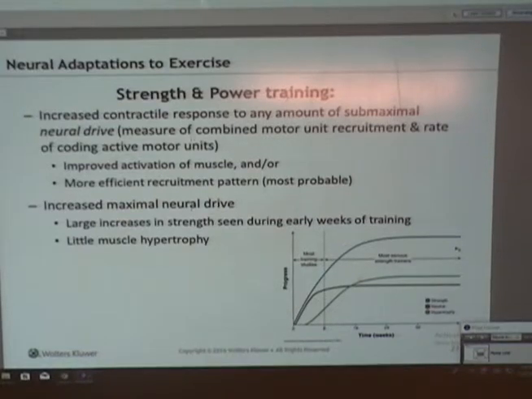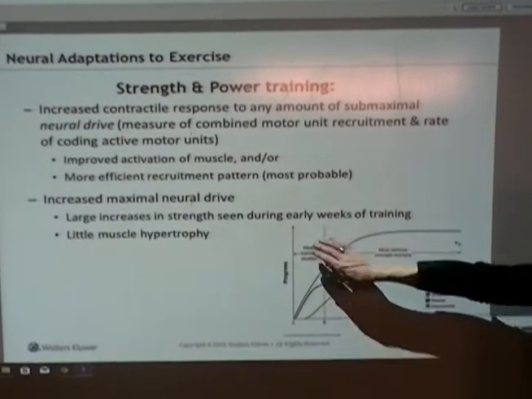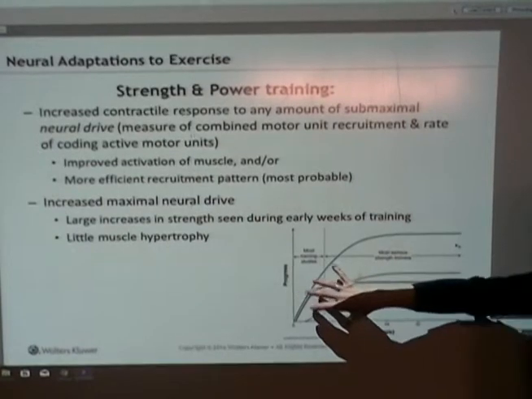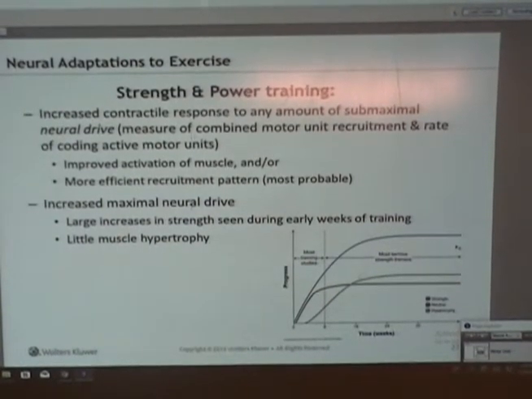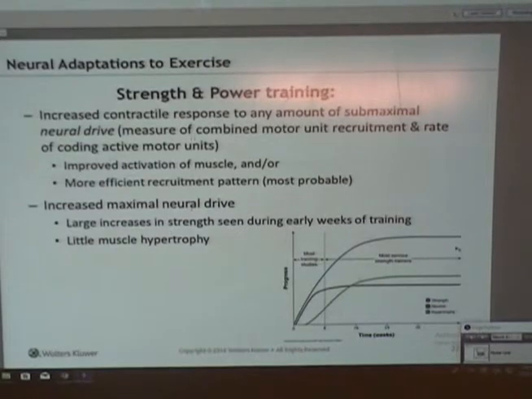So it's really interesting when we look at an early strength training plan.